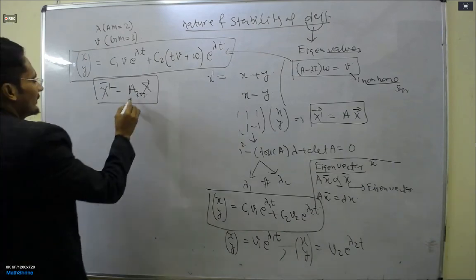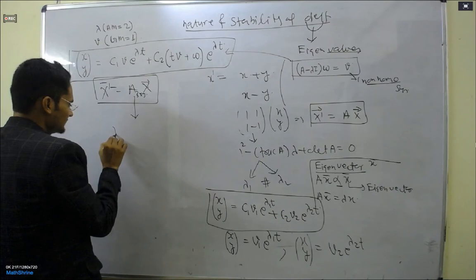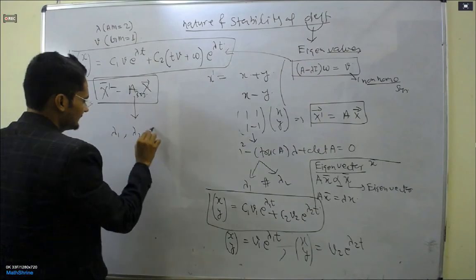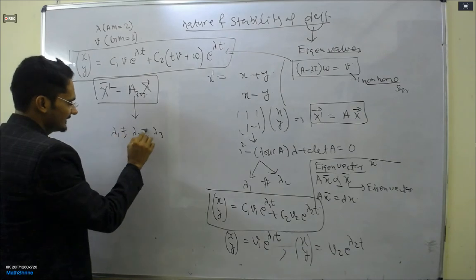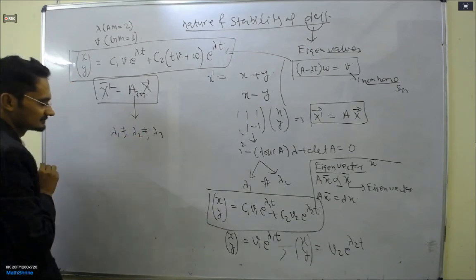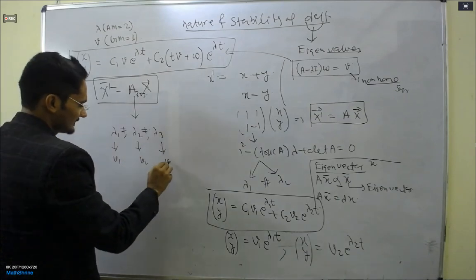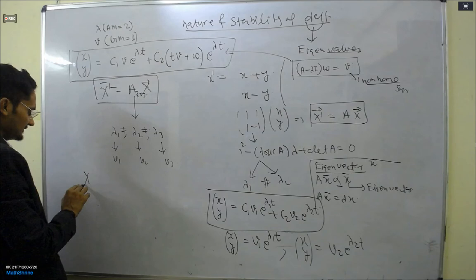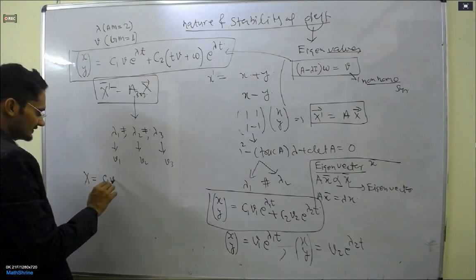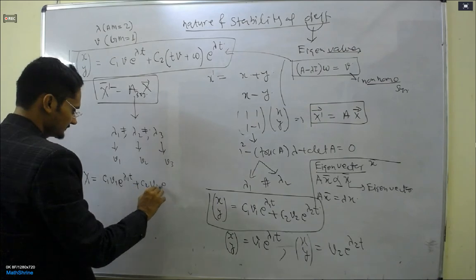Right? The case number 2, lambda 1 is equal to lambda 2, which is not equal to lambda 3, right? So suppose here also we have one eigenvector, here also another eigenvector. I mean both eigenvalues are same, but we have a full set of eigenvectors. Then the answer will be the same, right?